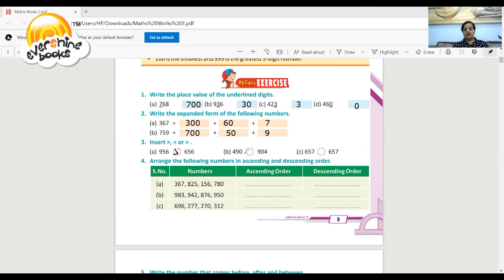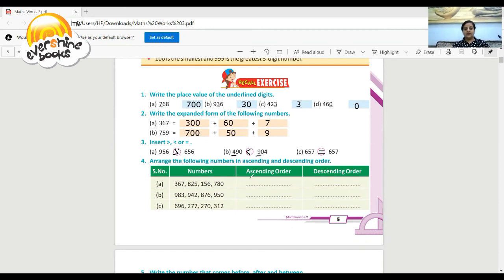So what is in the place of 100? That is 4 and that is 9. So 9 is greater than 4. So we are going to make the sign of greater than like this. Okay. Next is 657 and 657. Same numbers are there, so we will put equal sign here.